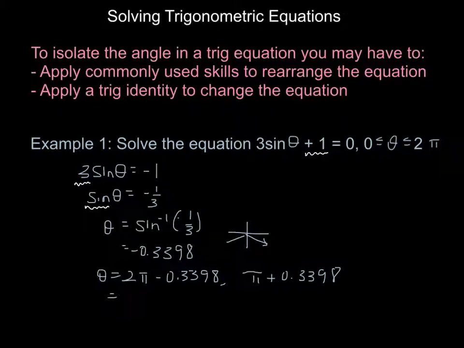So I'm going to get 2 pi minus 0.3398 equals, okay, so this one here is 5.9433.